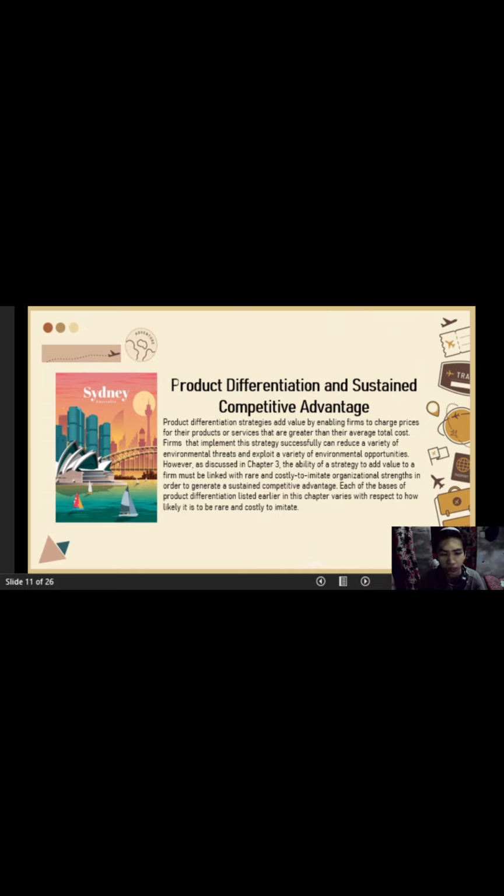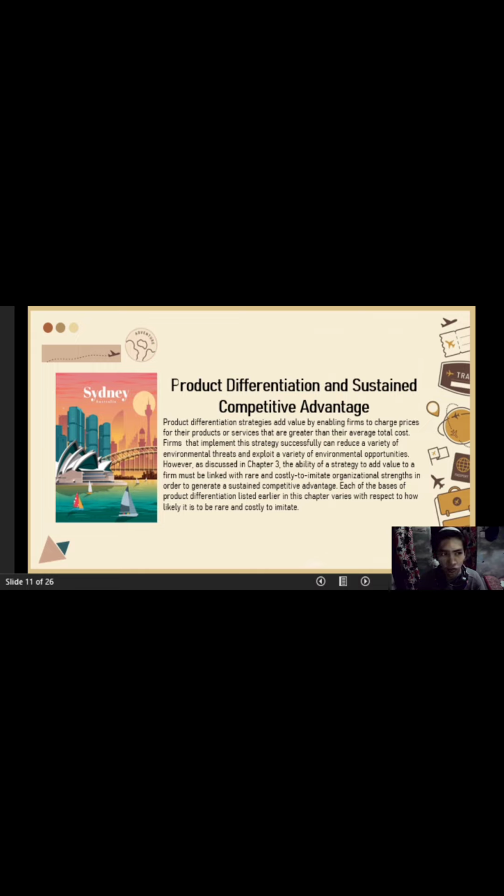However, as discussed in Chapter 3, the ability of a strategy to add value to a firm must be linked with rare and costly to imitate organizational strengths in order to generate a sustained competitive advantage. Each of the bases of product differentiation listed earlier in this chapter varies with respect to how likely it is to be rare and costly to imitate.